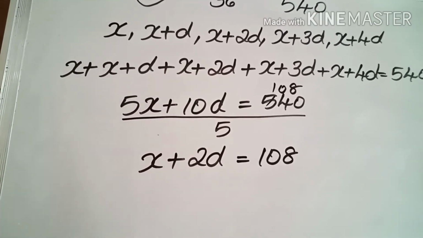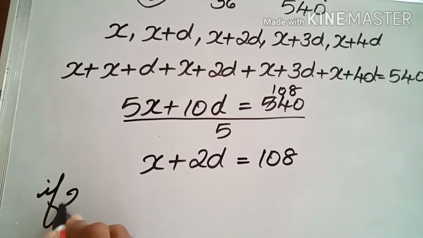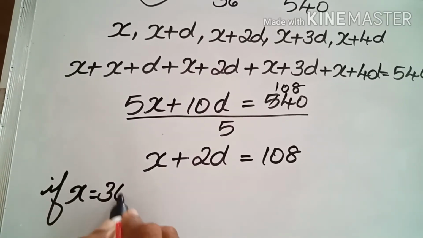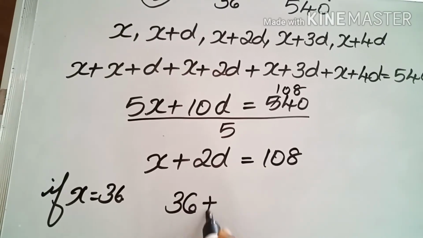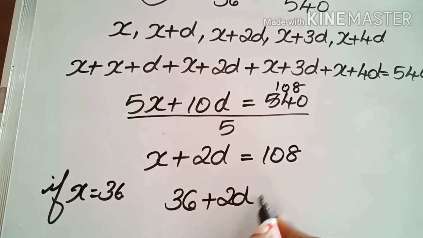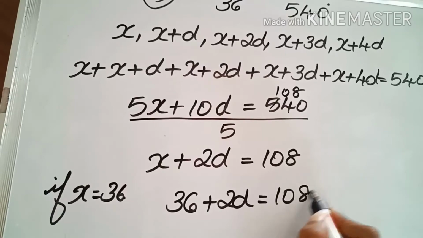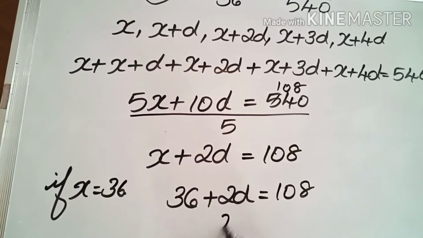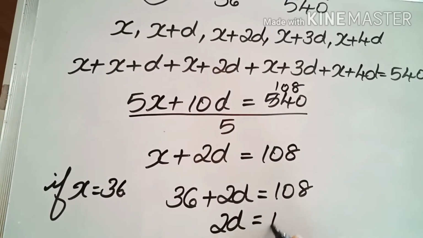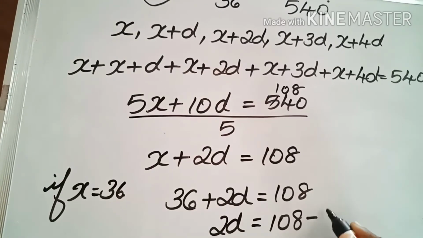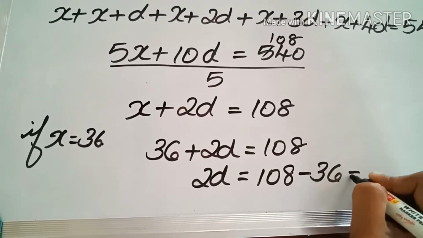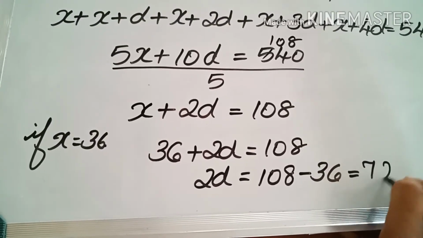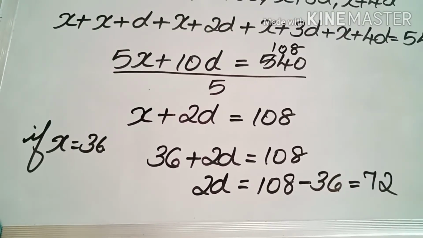If x equals 36, the equation becomes 36 plus 2d equals 108. So 2d equals 108 minus 36, which is 72.